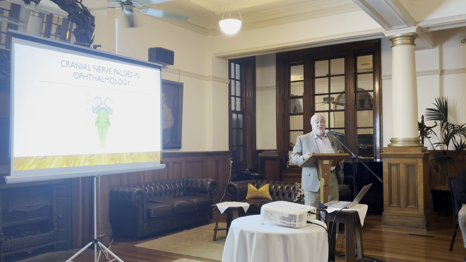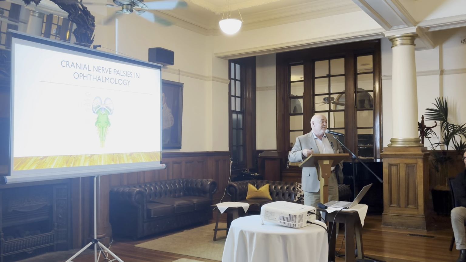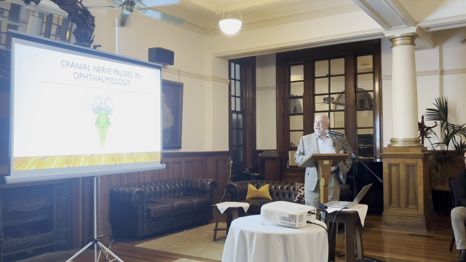Some have autonomic nervous system function. The important ones for ophthalmology, well, obviously the optic nerve is the most important one, but 3, 4, 6, 5, and 7 also impinge on our practice.